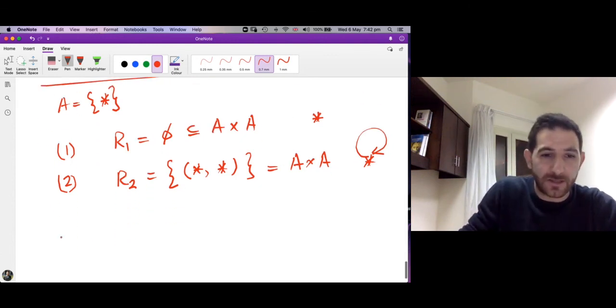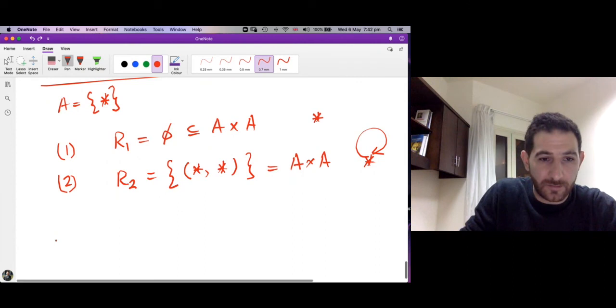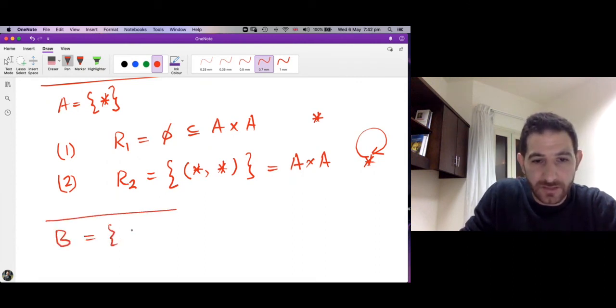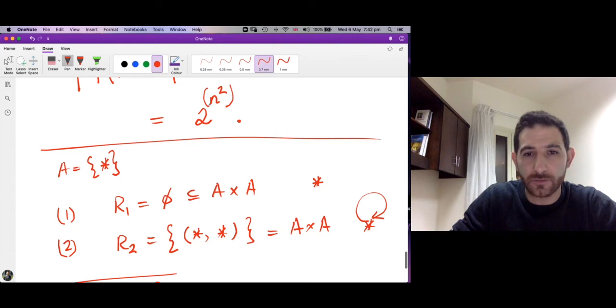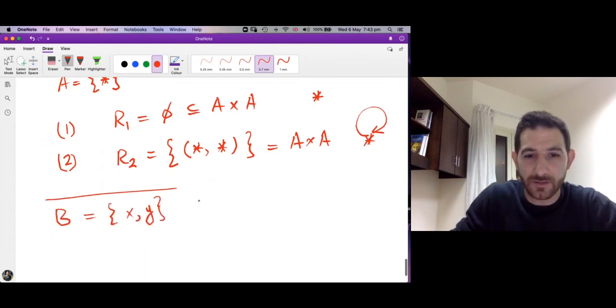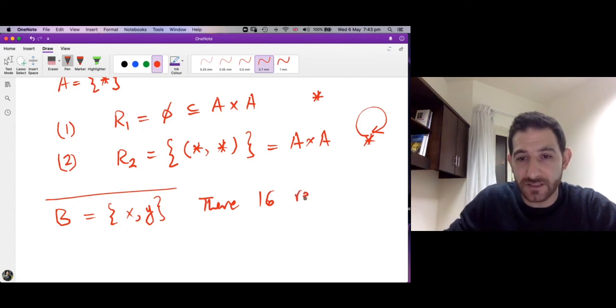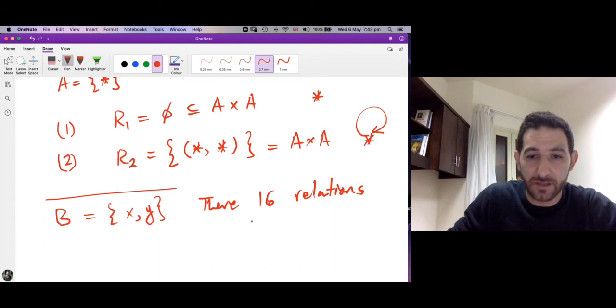Now let's do another example. Look at the set B, and B contains 2 elements, X and Y. We know from here that 2 squared is 4, and 2 to the power 4 is 16. So here there are 16 different relations on B. What are the relations?